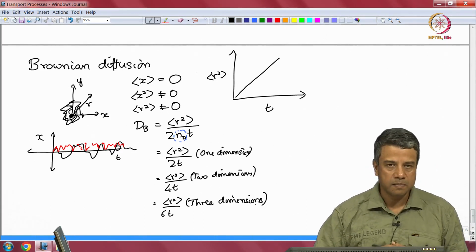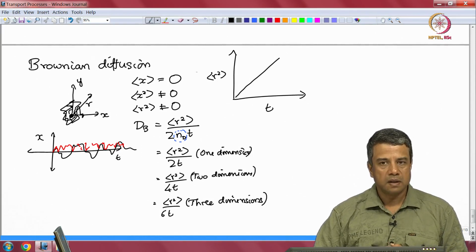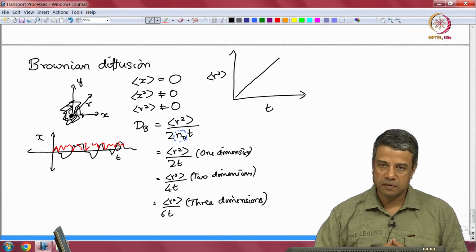That is the Brownian diffusion coefficient, that is the definition. Now, how do we estimate this Brownian diffusion coefficient?